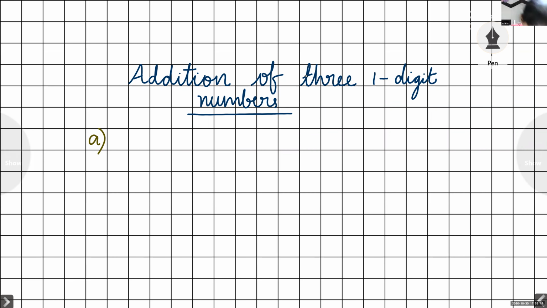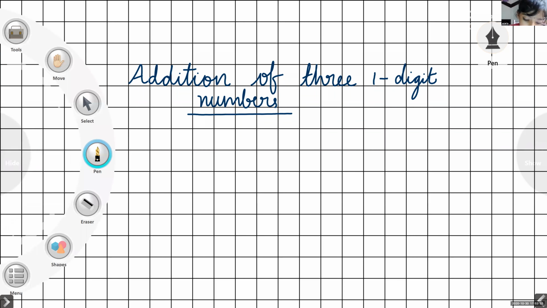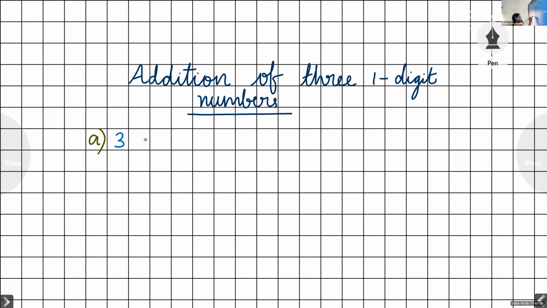And the first question, A: 3 plus 5 plus 7.